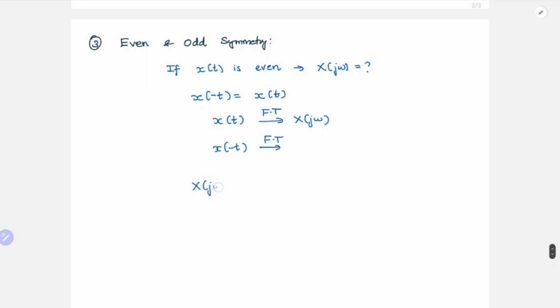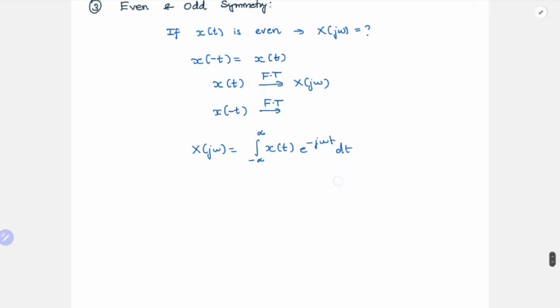So let us first write this down. Integral minus infinity to infinity x of t e power minus j omega t dt, right? Now I want to find x1 of t equal to x of minus t. So what is the Fourier transform of that?